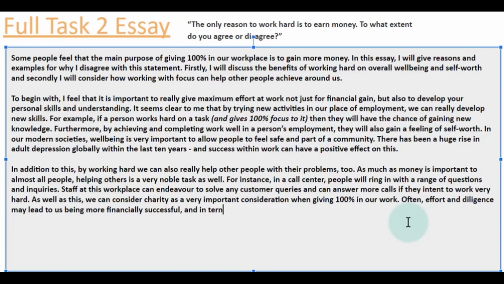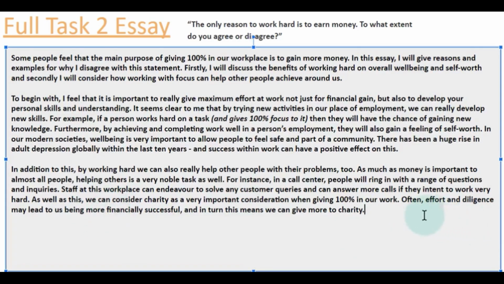And in turn, this means we can give more to charity. Not a bad idea here at the end. So just in terms of charity, we've got more spare finance to help and give more to charity.